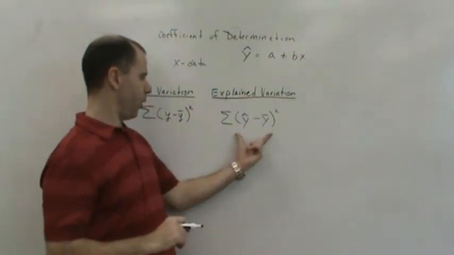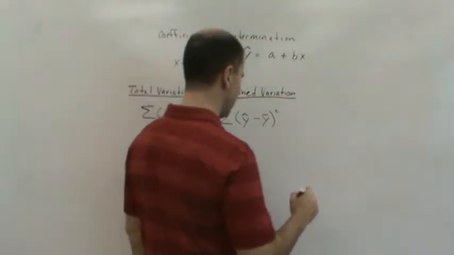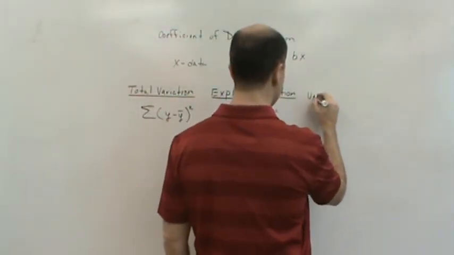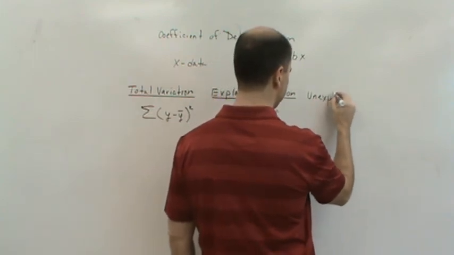So this formula gives us the explained variation. Now the last one is the unexplained variation. So we have two pieces, explained versus unexplained.